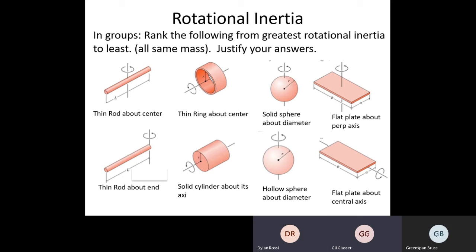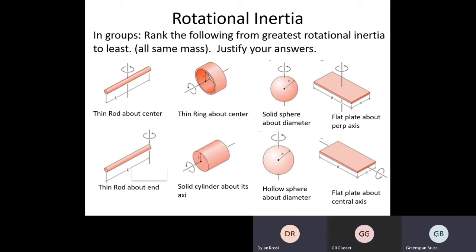Think about if you had the same door. I don't know if this analogy is good, but two different doors, the same mass, but one has less length than the other. It's easier to open because it's shorter.